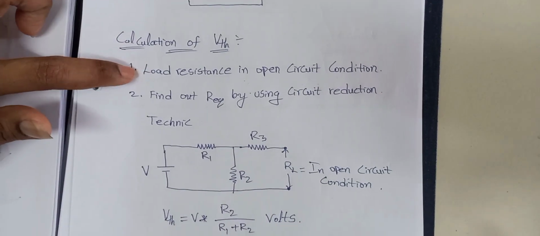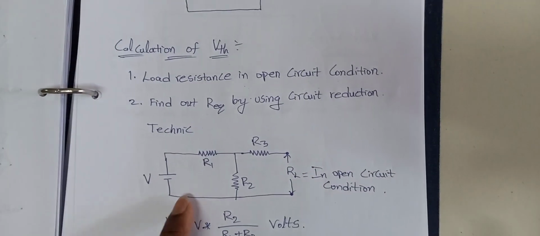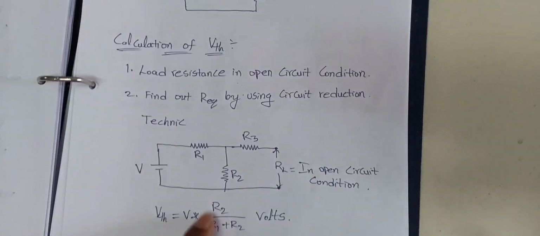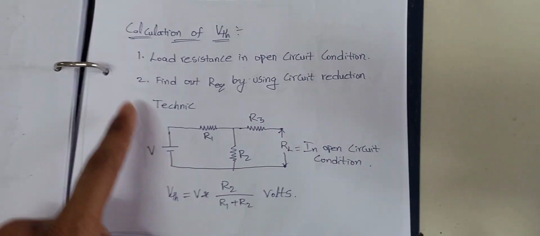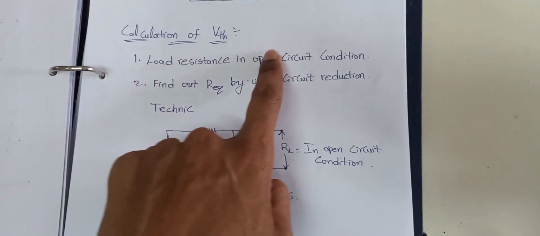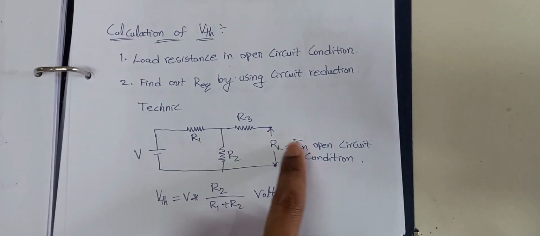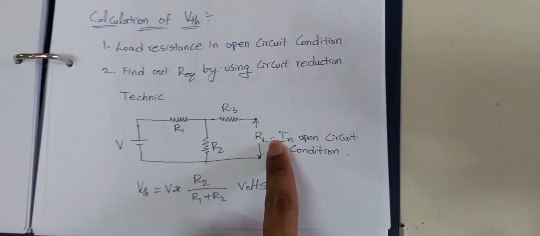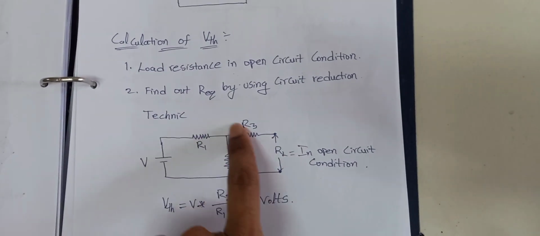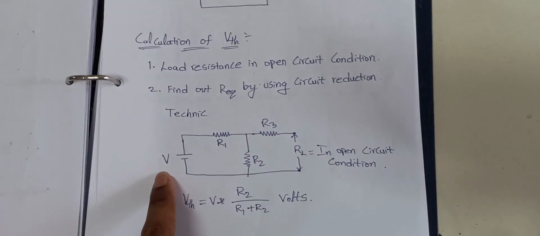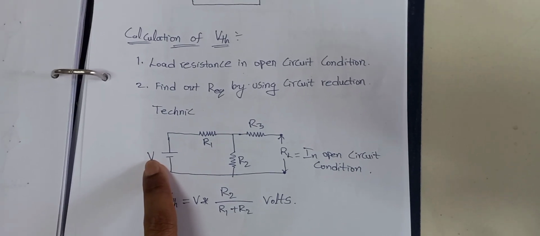Based on these 2 conditions, I have redrawn the diagram like this. The condition is the load resistance in open circuit. Here the load resistance is open, the remaining resistances are in the circuit, and this is the source voltage.